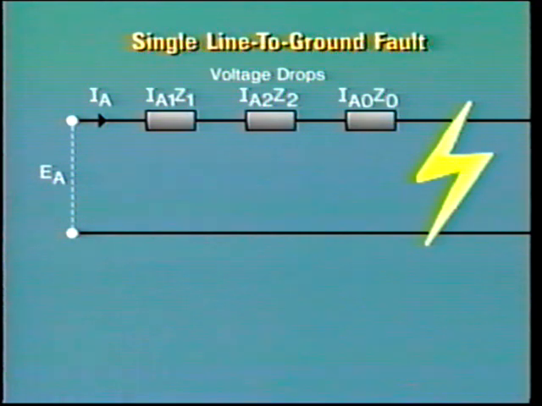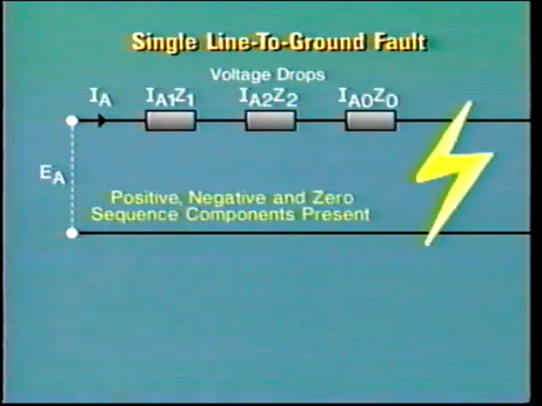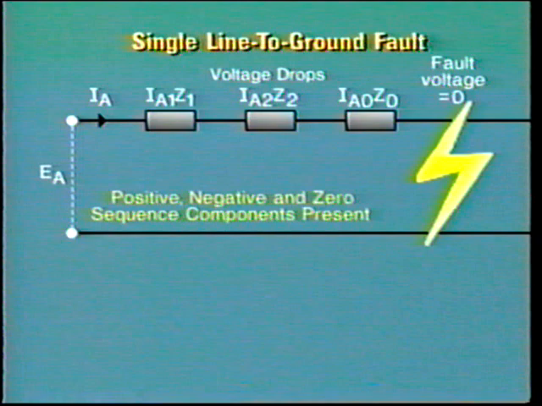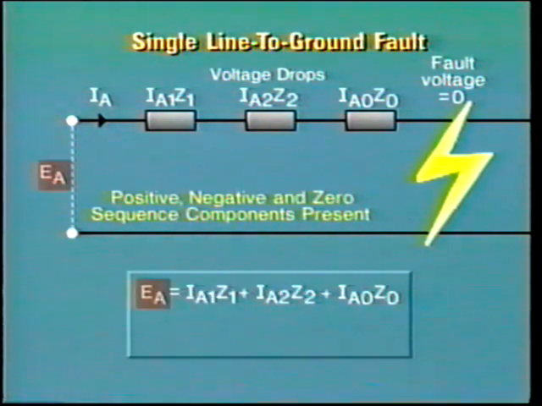For a single line-to-ground fault where positive, negative, and zero sequence components are present, we need to allow for voltage drop in all three networks. On the faulted line, we consider the fault voltage to be zero. Therefore, EA equals the total voltage drop in phase A equals IA1 Z1 plus IA2 Z2 plus IA0 Z0.